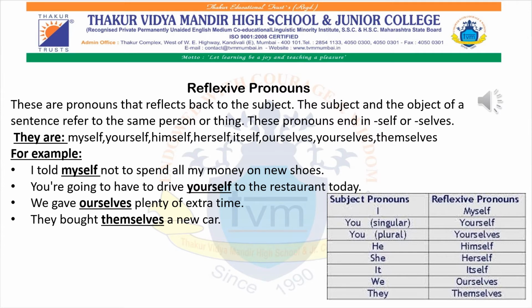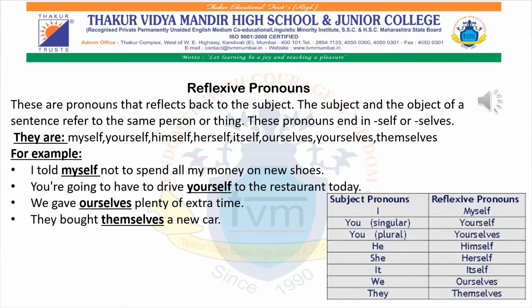I repeat, a reflexive pronoun always acts as an object, not as a subject, and it expresses or influences between a subject and the object. So mostly we will see the reflexive pronoun after a verb.